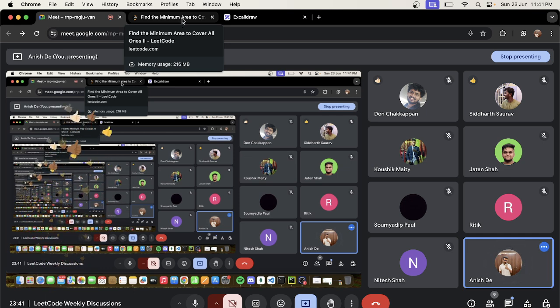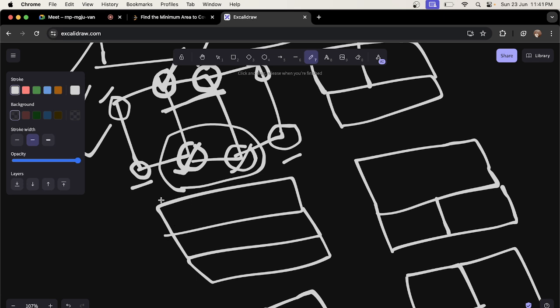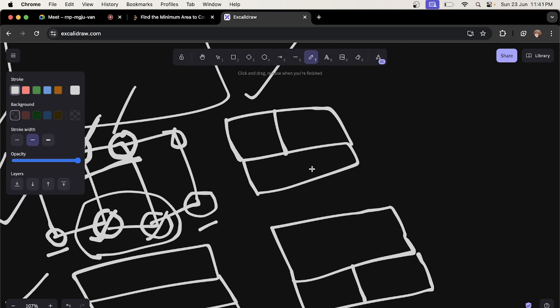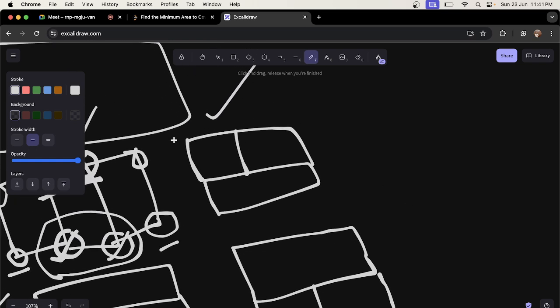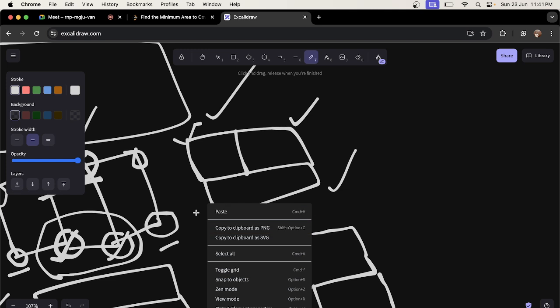Okay, so similarly for this one it will be similar to columns, just the columns will be replaced by rows. Now let's take a hybrid example like this one. We already know the corner points.